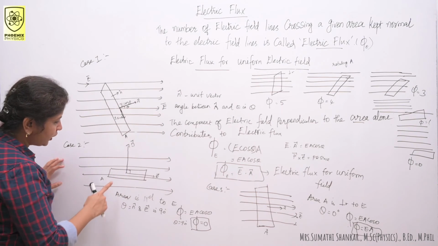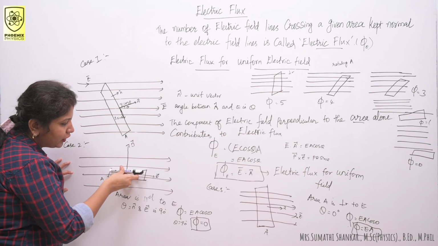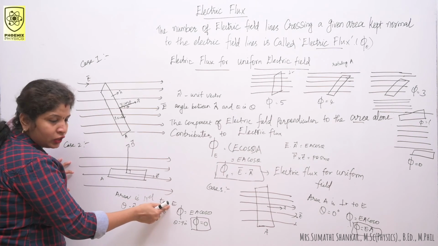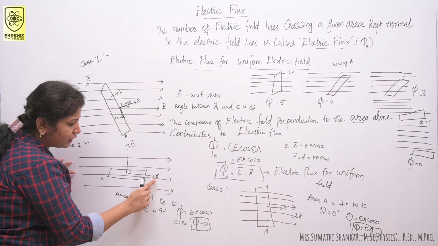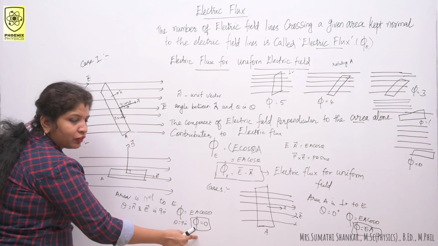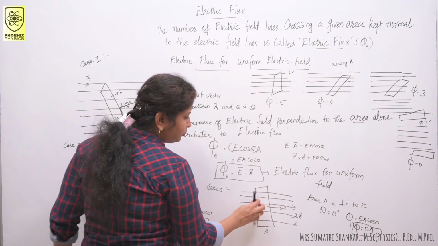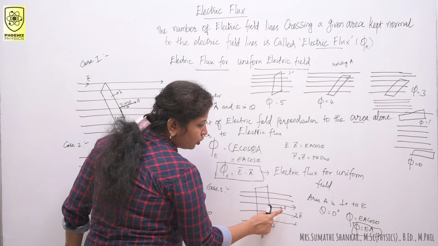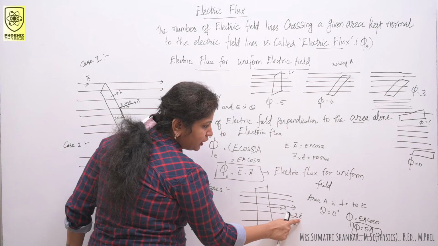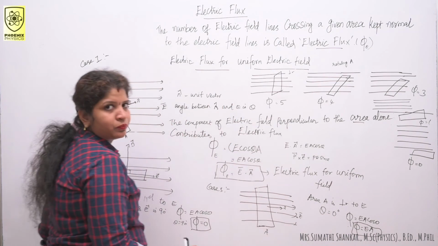In our first case, I kept the area element parallel to E. So the angle between this n cap and E vector is 90 degree, so your phi is 0. In our next case, I kept the area element perpendicular to E. So the angle between n cap and E is 0 degree and the flux value is EA.